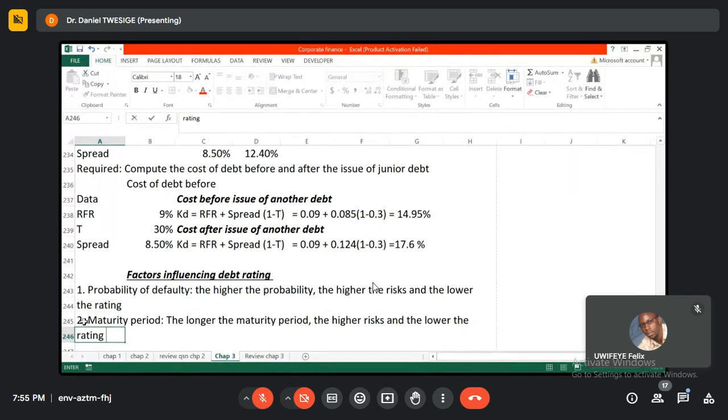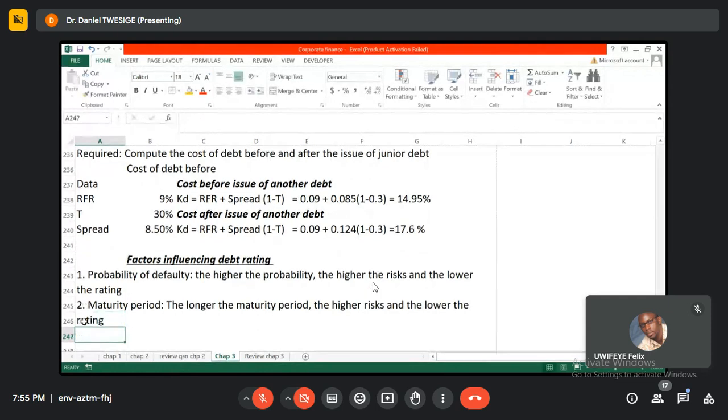A longer maturity period will have a higher risk compared to debt with a low maturity period.